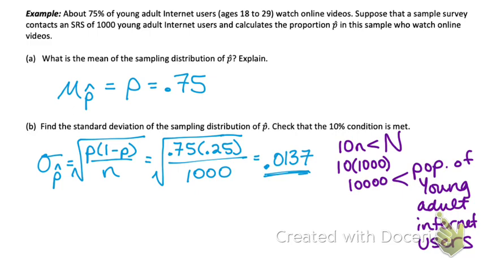Probably. If I'm talking about all adults age 18 to 29 that use the internet, I'm pretty sure that's more than 10,000 people. That's probably covered just in McKinney. Okay, so I think we're good.